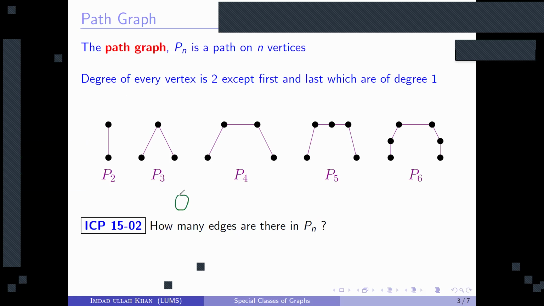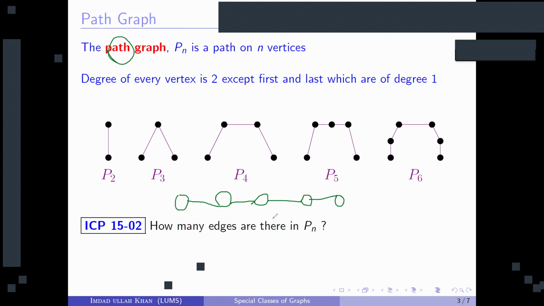So if I have a graph with three vertices, there are 3 minus 1 edges. As I add one more vertex while maintaining the property of keeping every vertex on a path, an edge has to be added, right? So with every increment, one edge and one vertex are added.